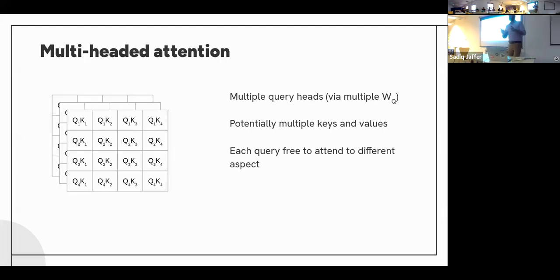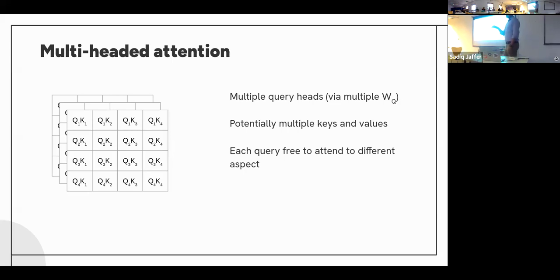Right. Now there is something else, which is that on these models we don't just use a single head. We use what's called multi-headed attention. And what that will mean is that we have multiple query heads, so we have multiple WQs. And we will potentially have multiple WKs and multiple WVs.